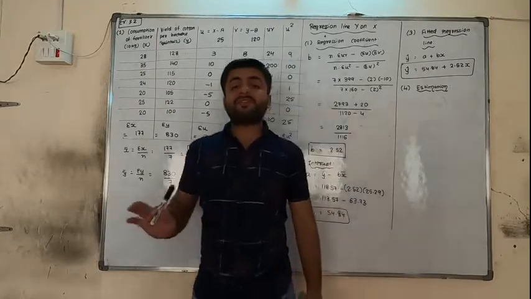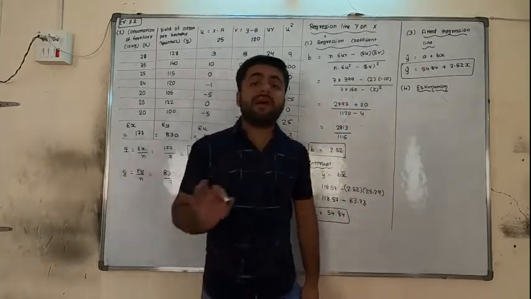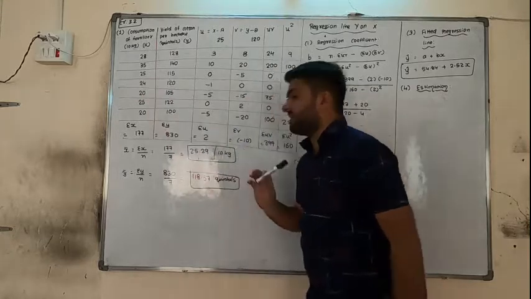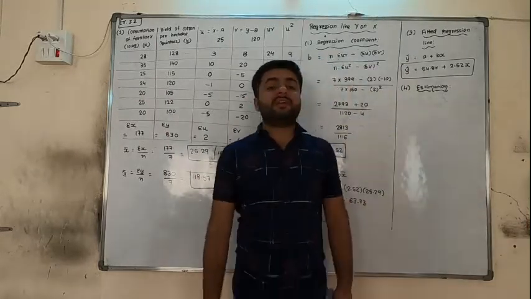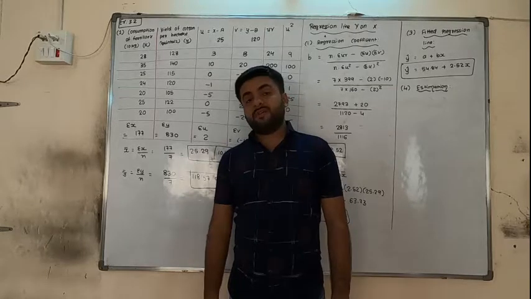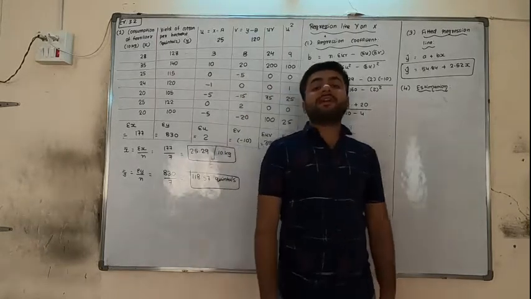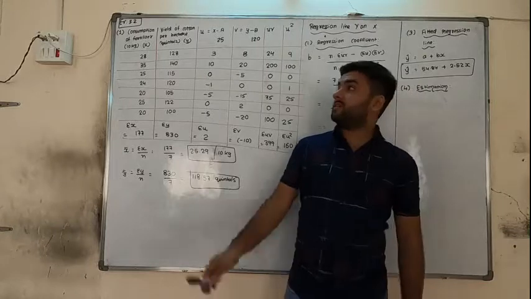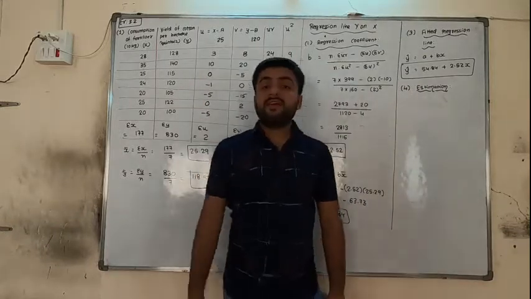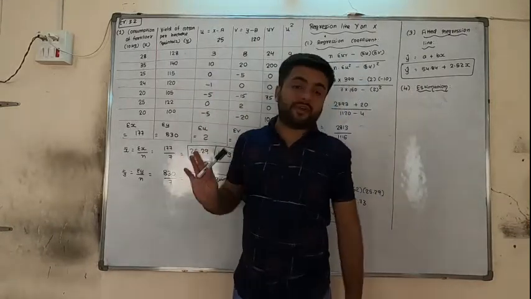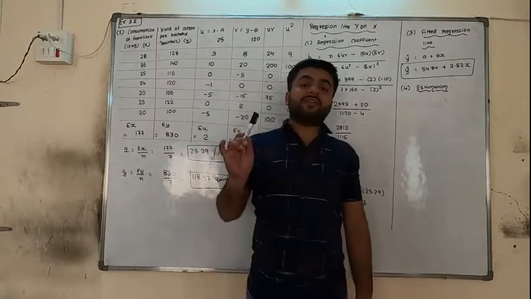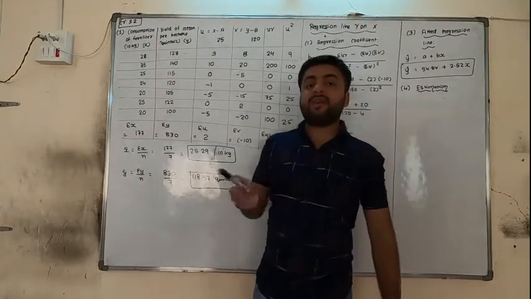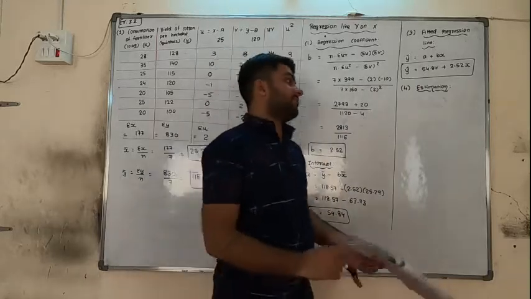So the values have to be divided by 10 because here unit is 10 kg. So here we are using 300 kg fertilizer, but actually x will be taken as 30 because here the unit is per 10 kg. So check always the unit of x. If it is per 100 kg, per 300 kg, per 10 kg, then you have to divide first value and then take the x. So directly don't take.